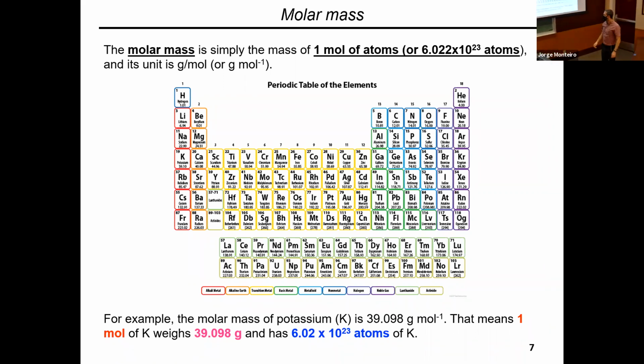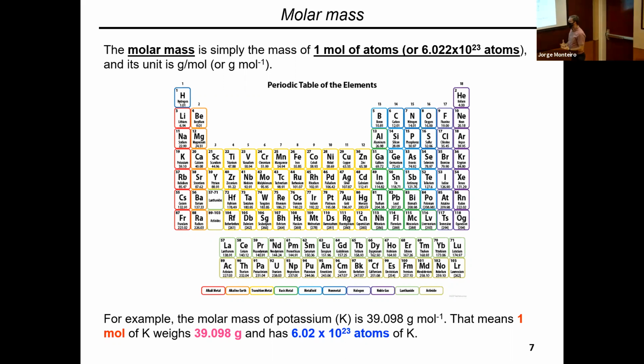For example, the molar mass of potassium is 39.098 grams per mole, and that means 1 mole of potassium weighs 39.098 grams.